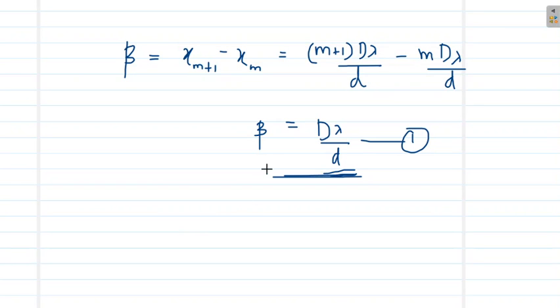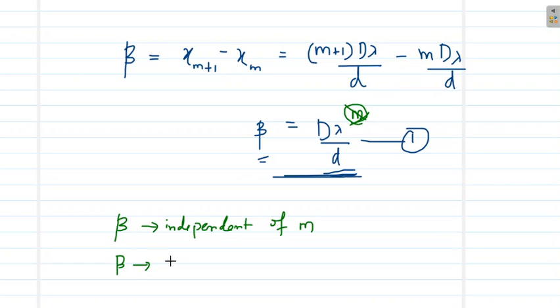Now, what are the factors on which the fringe width depends? Clearly, since beta is equal to d lambda by d, the term m is not coming in. M is the order of the fringe. So clearly beta is independent of m, the order of the fringe. Beta is dependent on D, lambda and small d.